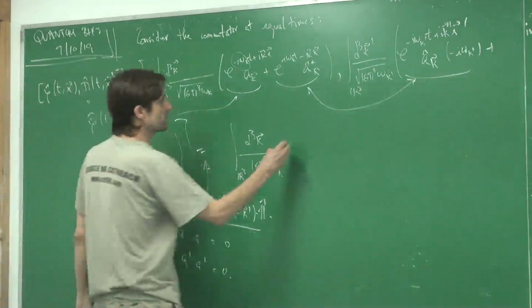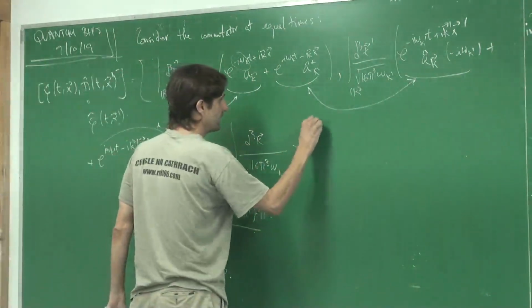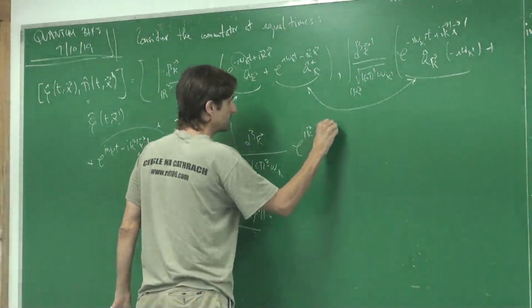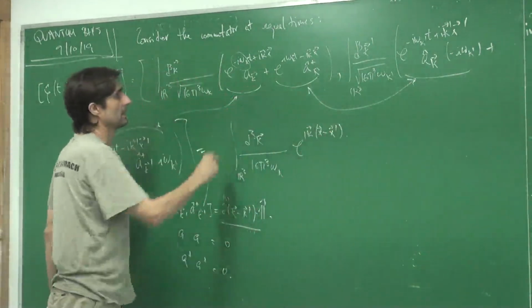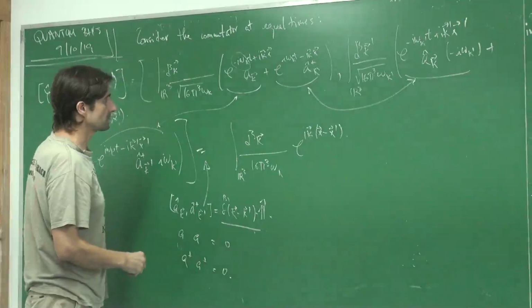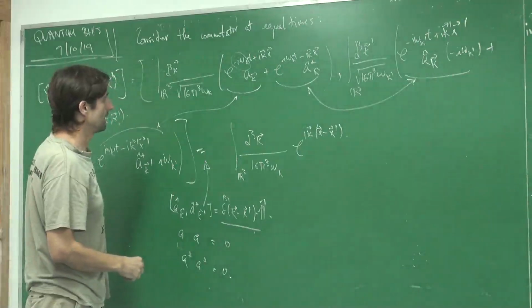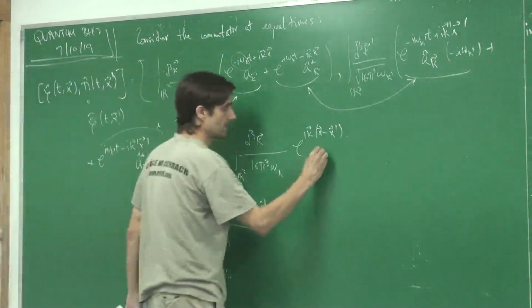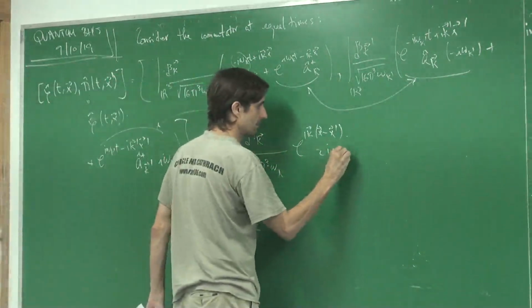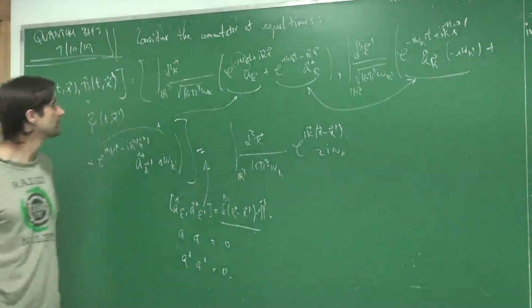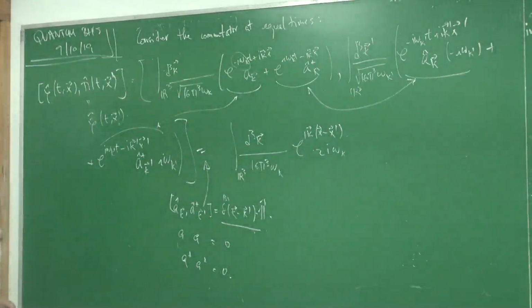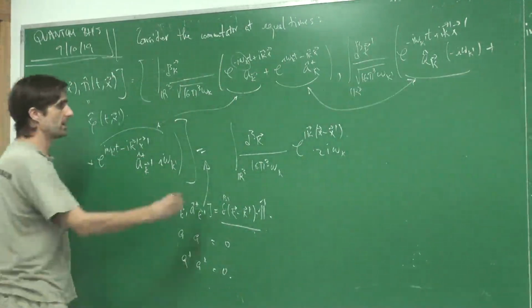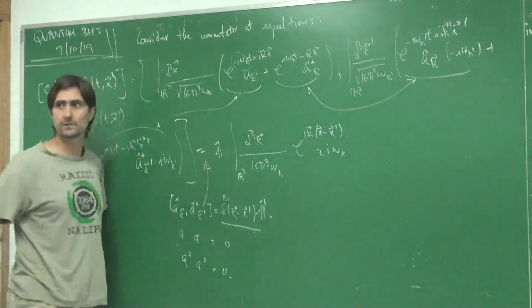So we've got exponential of ik times x minus x prime. And then 2i omega k. And the one operator if you wish.